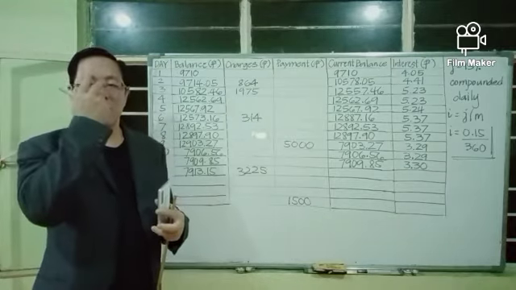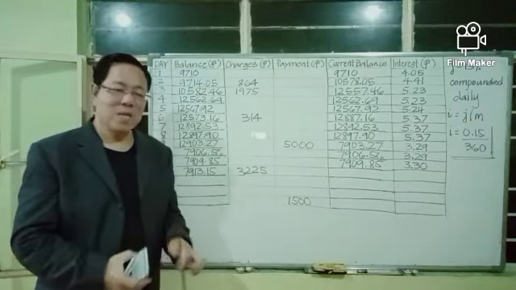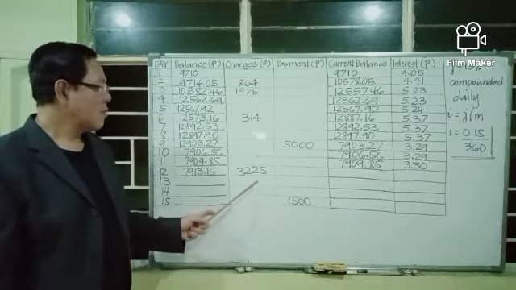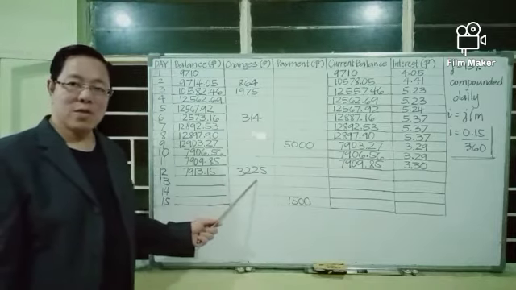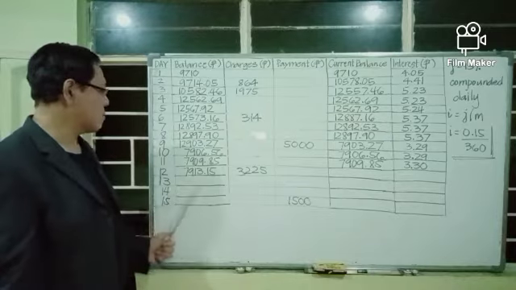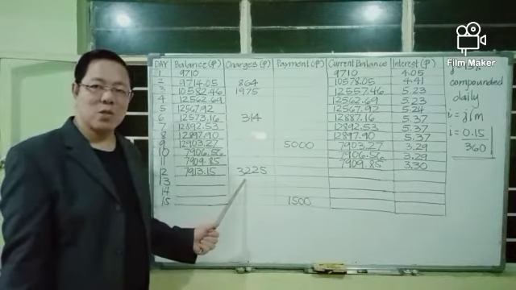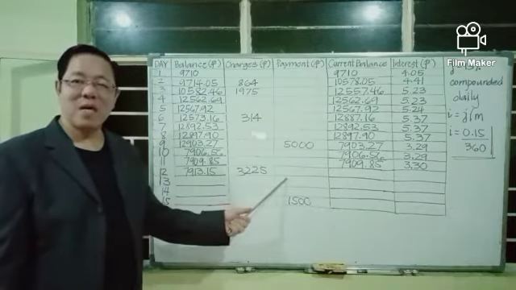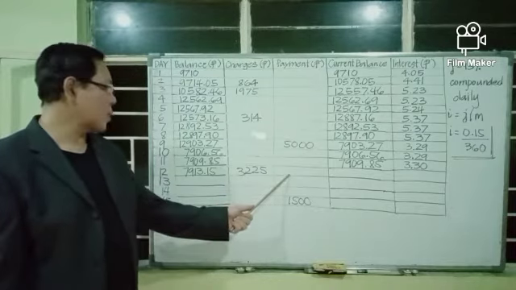Now, an amount of 3,225 pesos was charged on her credit card, which meant that Nina used her credit card on November 12 to pay for this amount of 3,225 pesos. But there was no payment made by Nina to the bank on November 12.